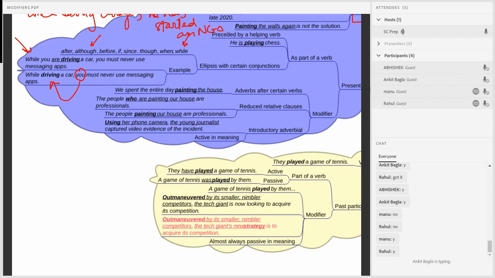The first one is sometimes a little confusing for some students. I want you to read this sentence, the "we spent" sentence. And when you're ready, I want you to tell me what it means. Just the meaning of the sentence. Feel free to unmute and let me know.